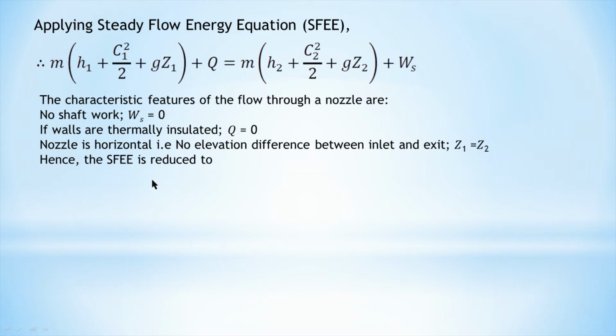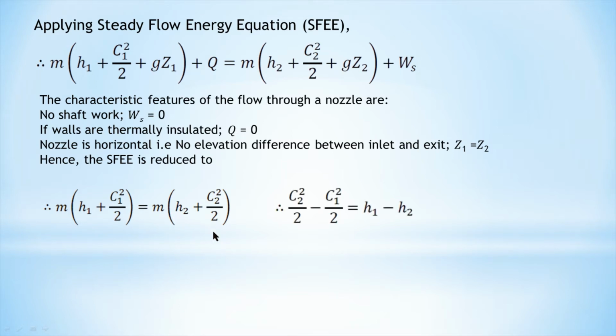Hence the steady flow energy equation is reduced as follows. Z1 and Z2 cancel out. There is no heat transfer because the walls are insulated, so Q is 0. There is no output during the process, so work done is also 0. Hence the equation reduces to m into bracket H1 plus C1 square by 2 equal to m into bracket H2 plus C2 square by 2.